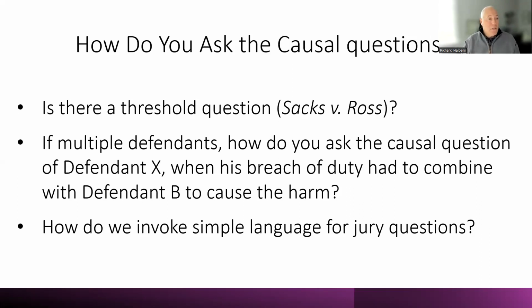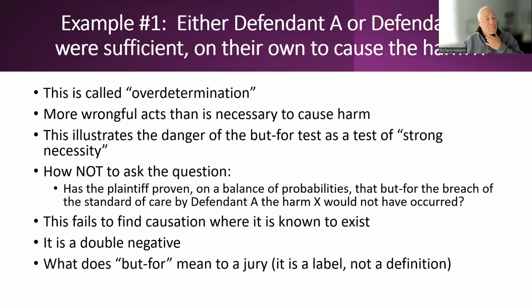So let's go to the next slide. I'm going to give you an example here. Either defendant A or defendant B were sufficient on their own to cause harm X. So let me give you the classic example used in some of the academic writing on this subject.